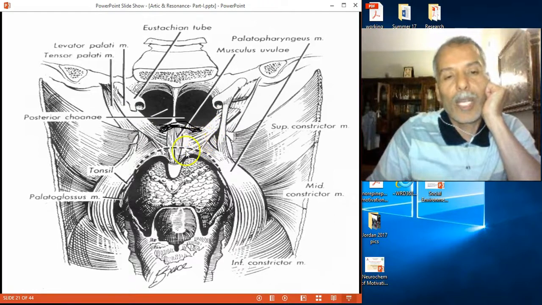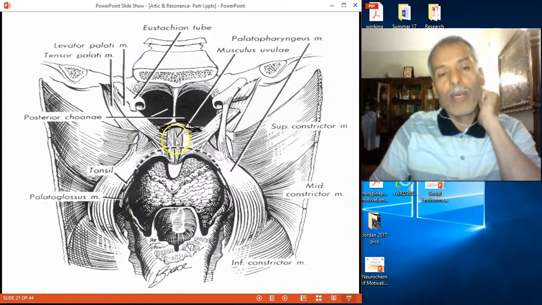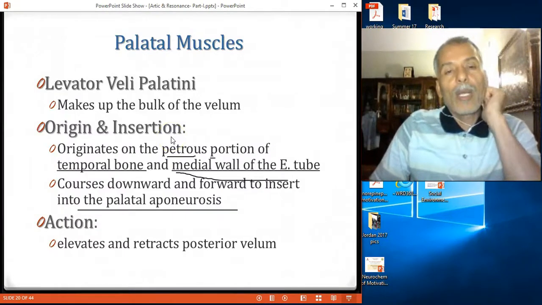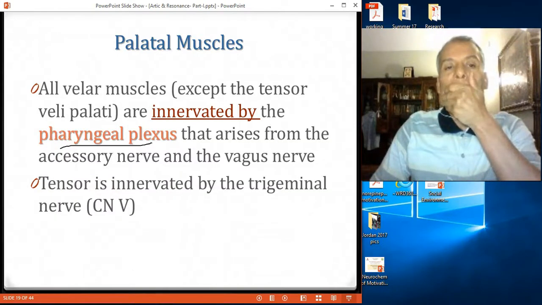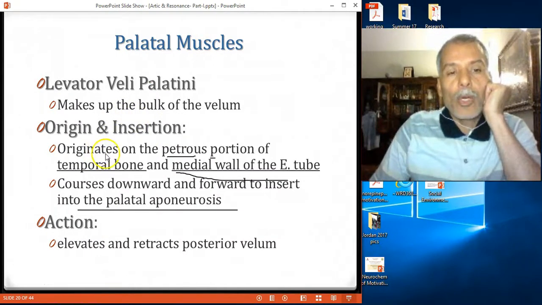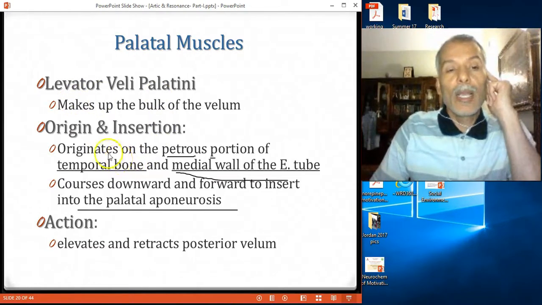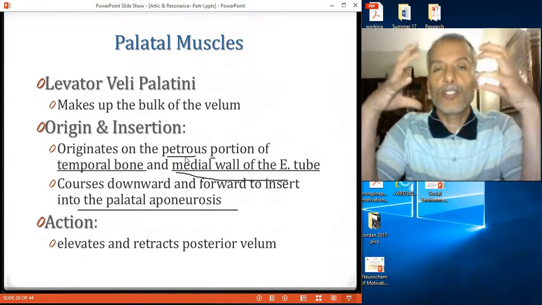It sends its fibers, and they interconnect under and actually above the musculus uvulus. So let's go back to the original insertion. So this levator veli palatini, it has two sides, and it originates on the petrous portion. Petrous from petra means rock.